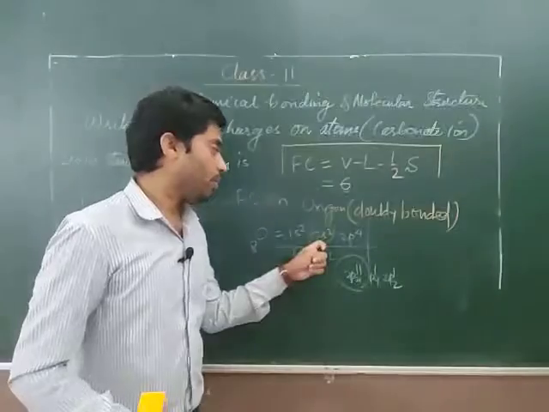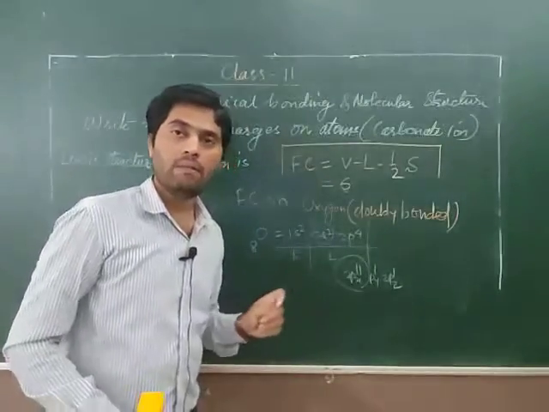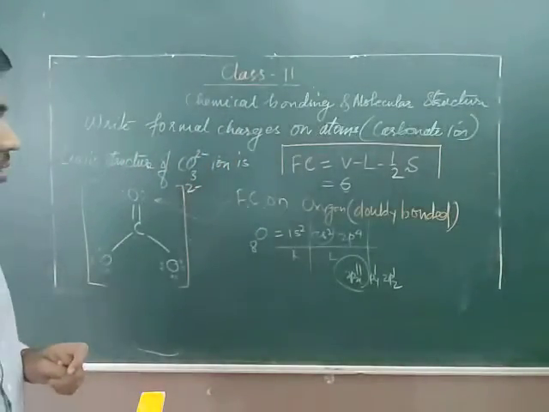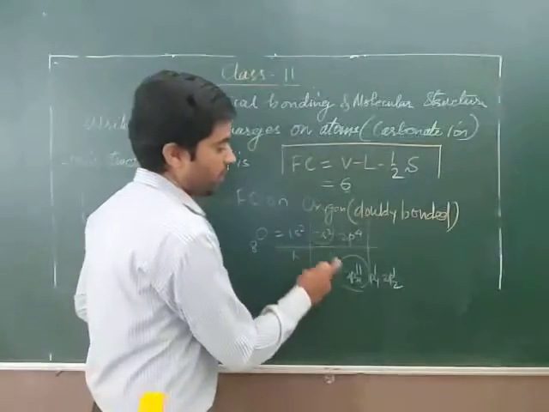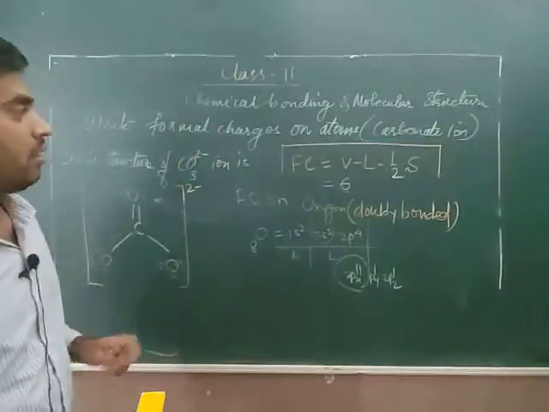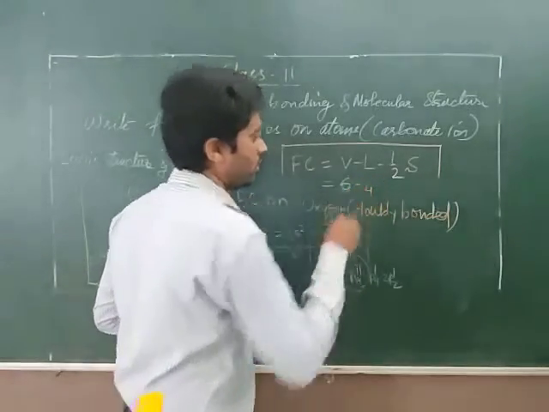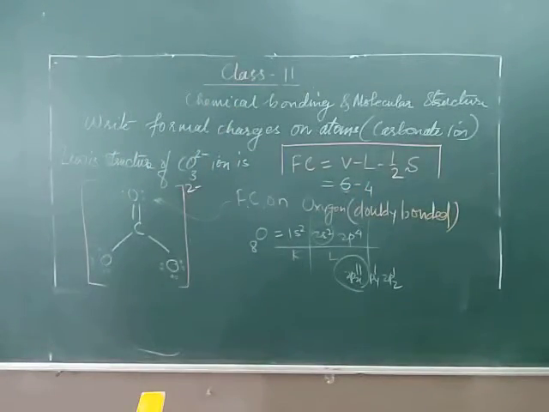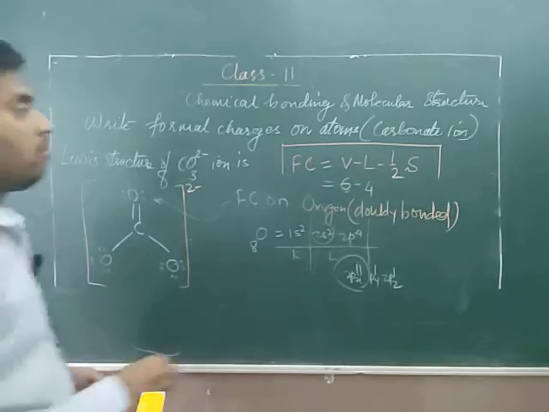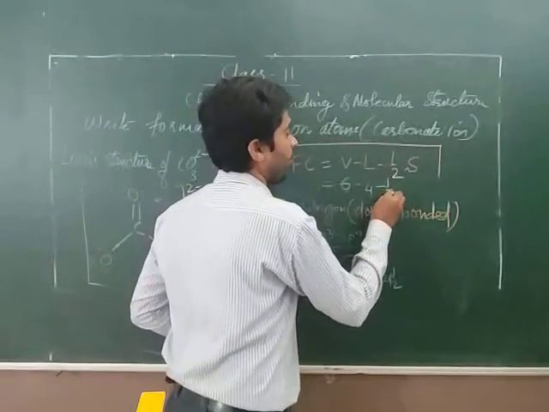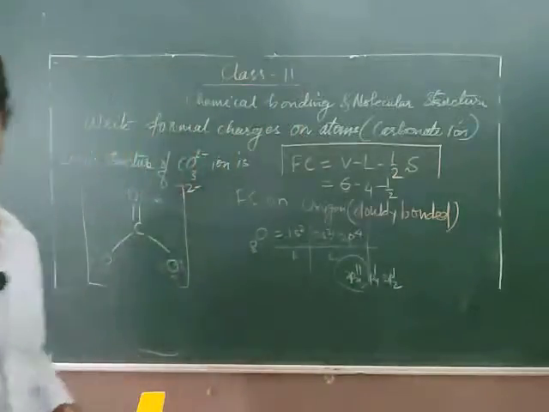So we have a lone pair in 2s and a lone pair in 2px, that is 2 lone pairs, meaning 4 electrons. Now, according to the formula, half of the shared electrons.